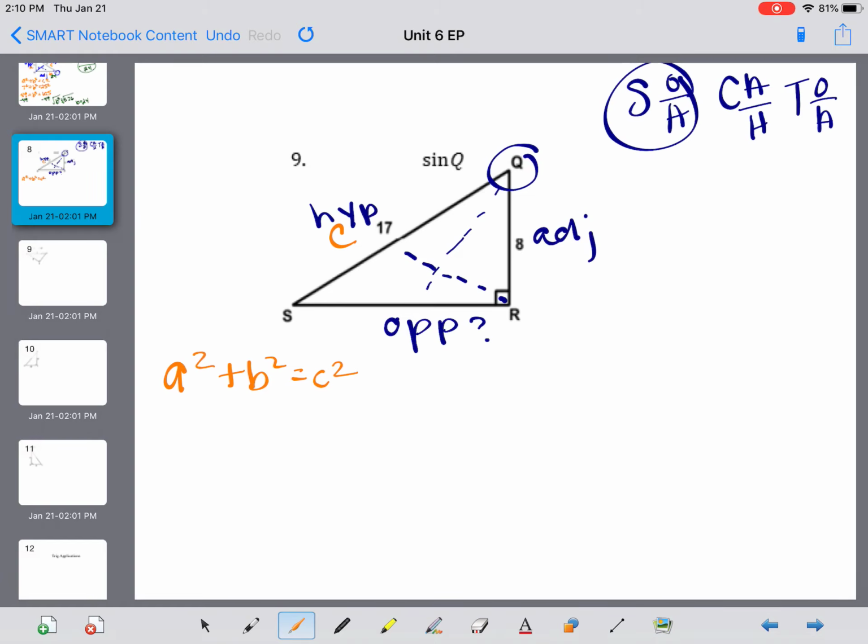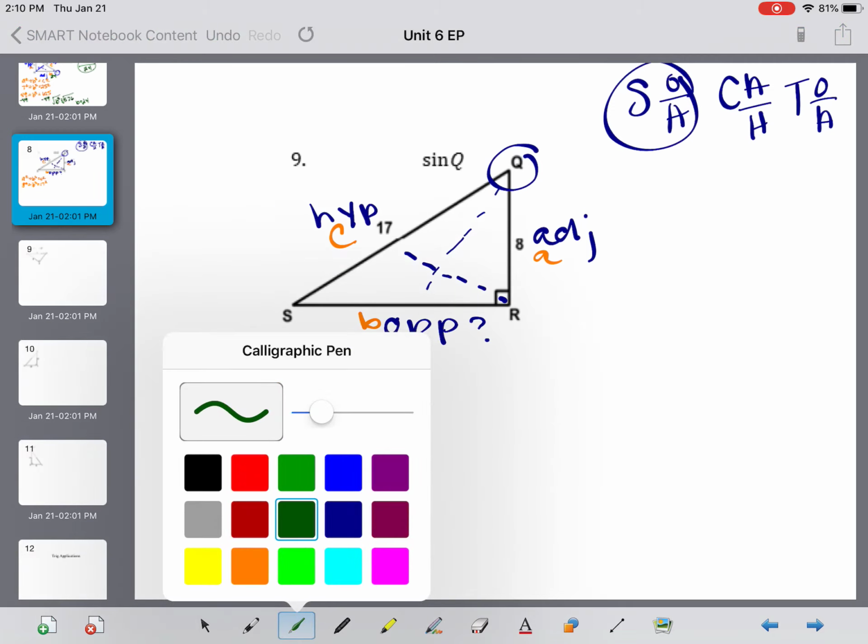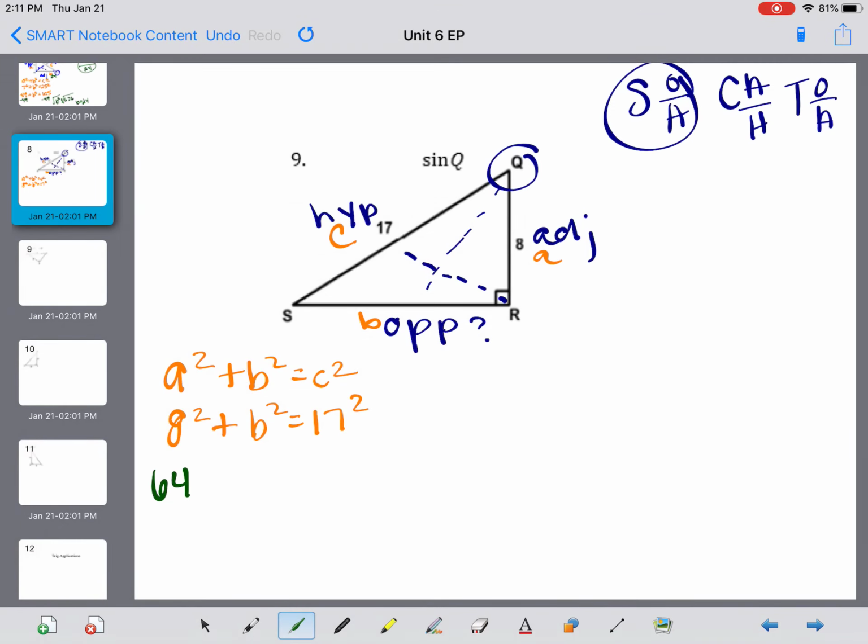Hypotenuse is c, a, and make that b. So you have 8 squared plus b squared equals 17 squared. 64 plus b squared equals, I think it's 289? I don't remember what 17 squared is. Yes, 289.